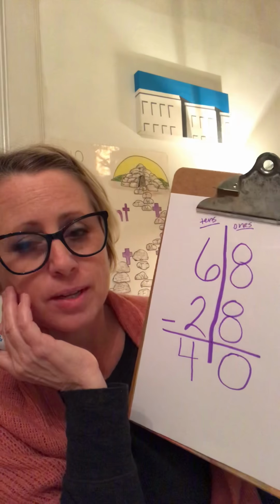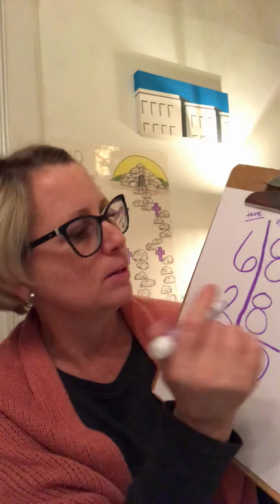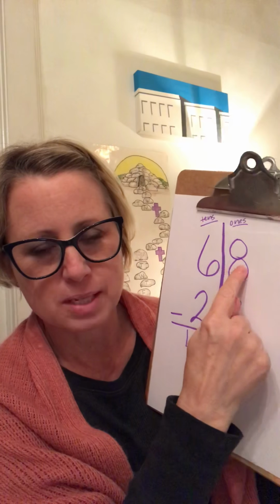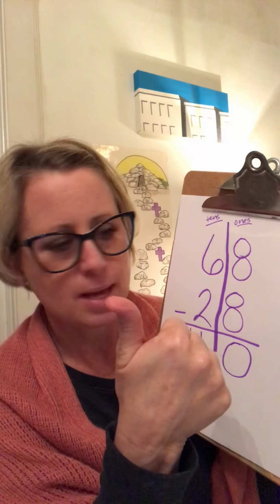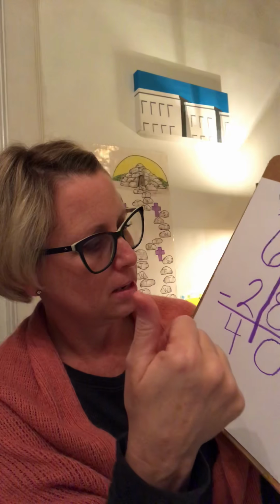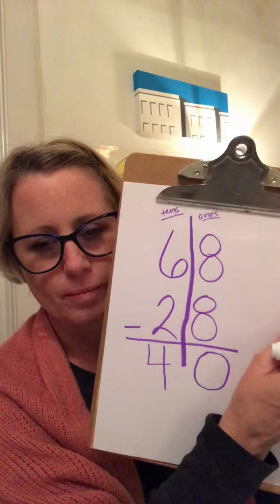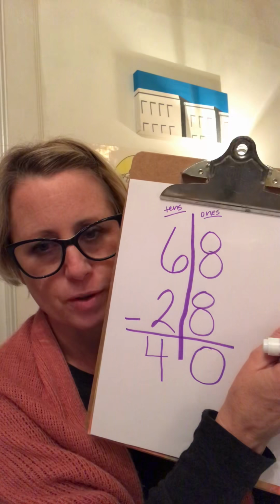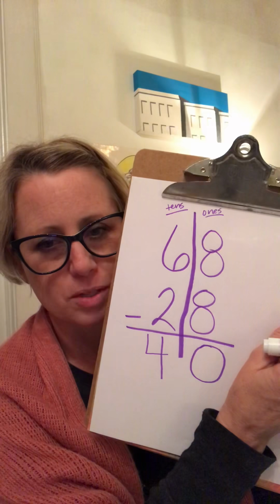Another way that you could do this, since we have done skip counting, 68 minus 28, you know that those are the same number. 58, 48, and then minus 8 is 40. So your mental math. All right, so I don't think you're going to need to draw a picture for this. I think you guys can figure this out. All right, I wanted to go over that.